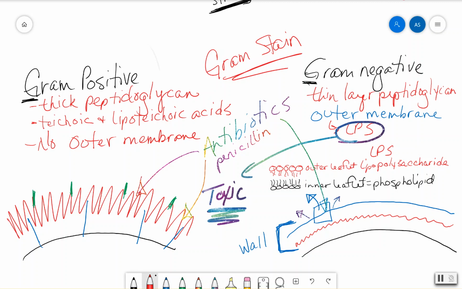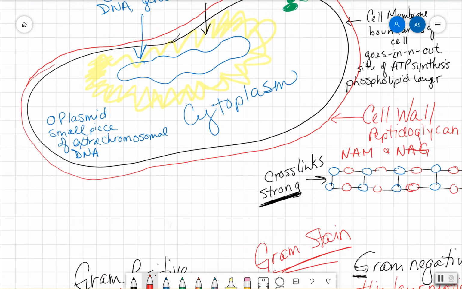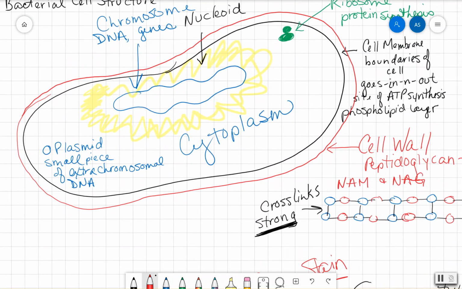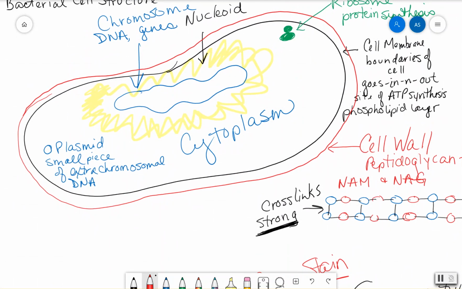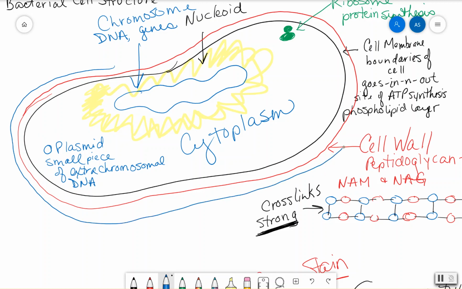Now, if we go back to our little bacterial cell, we're continuing our journey towards the outside environment. So sometimes bacteria will have a structure located immediately outside the cell wall, and this is called the glycocalyx.